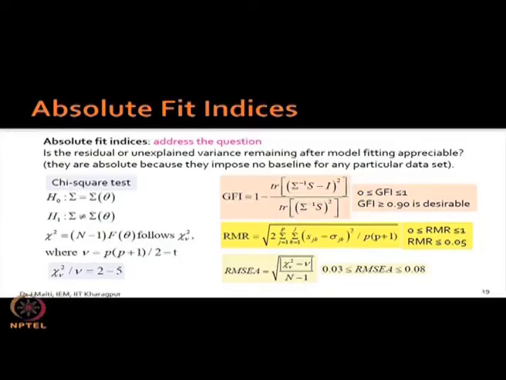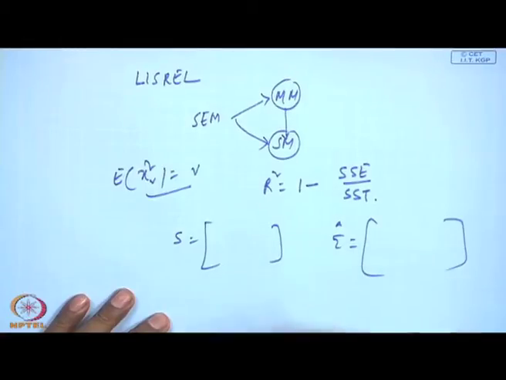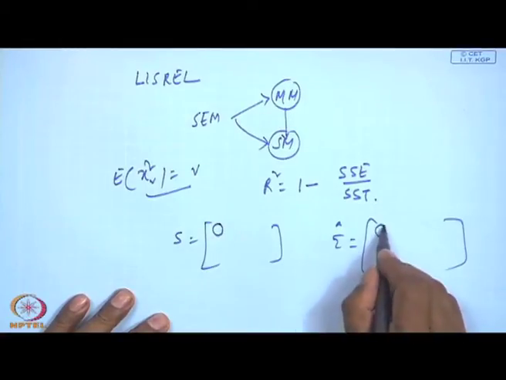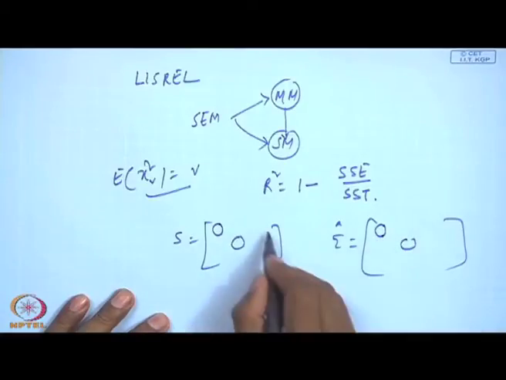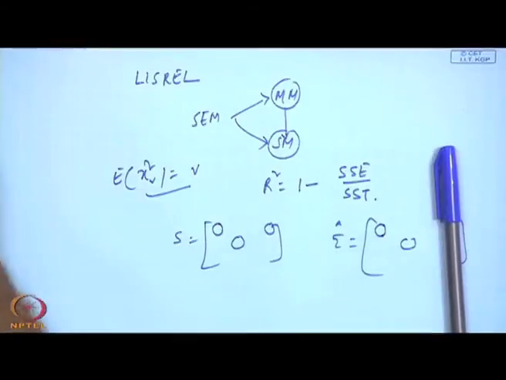Basically, you take S, then you estimate sigma, and by that process the parameters are also estimated. Now, if you take the S values and the estimated sigma values, what is the difference? You take each pair and look at the difference. These differences are squared here.